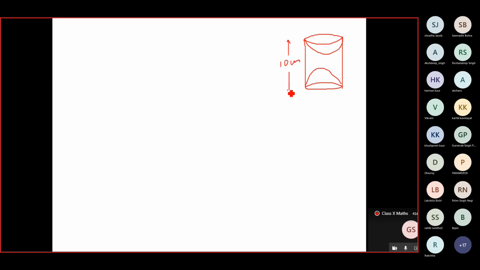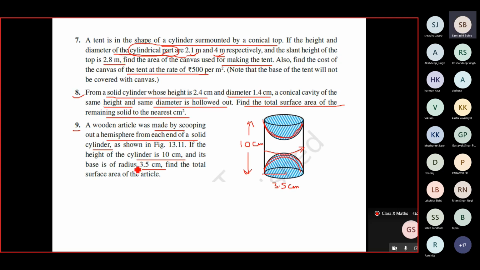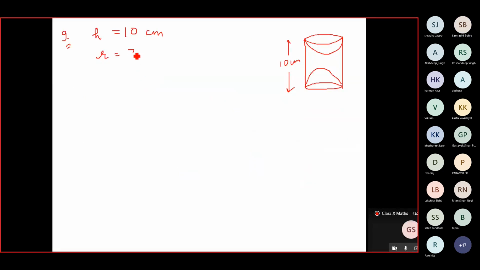So the total height is 10 centimeter. Question number 9, the total height is 10 centimeter. The radius is what? See, base radius 3.5 centimeter. We can write it as 7 by 2, yes or no?